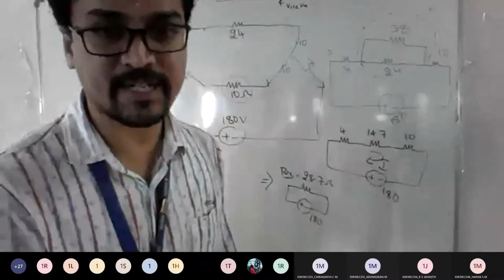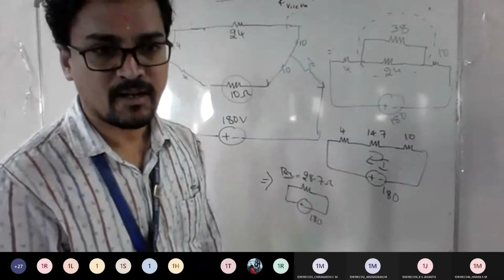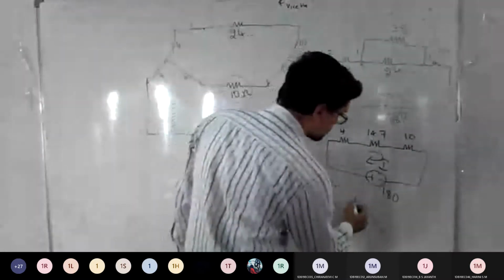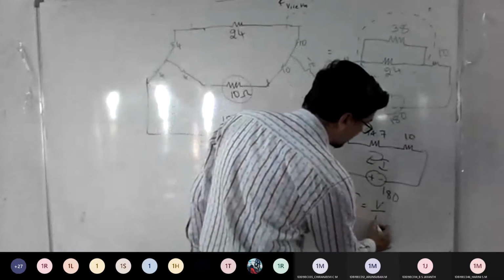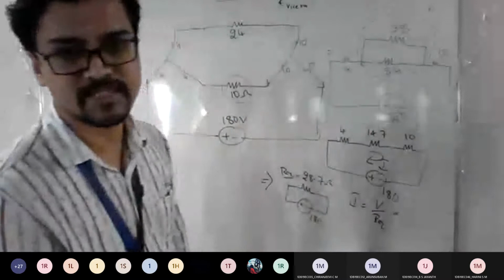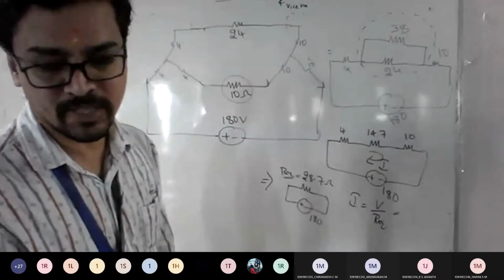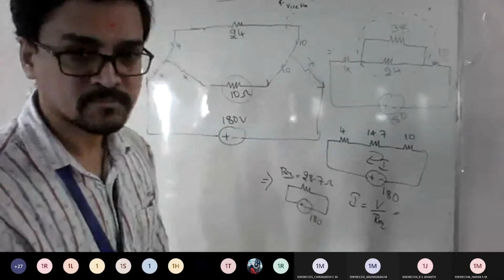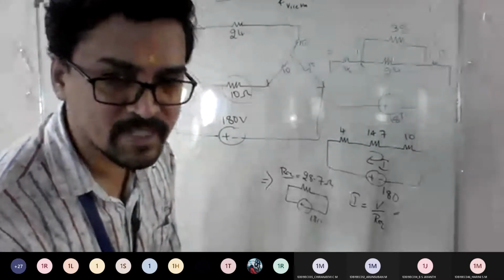If you are able to find current, then what is the formula you can incorporate? I is equal to V by R. So what is your R now? Is it 10 or R equivalent you will write? Which one will you write? Across 10 ohm means you should take R as what here?